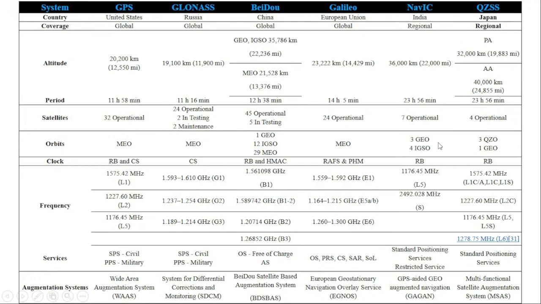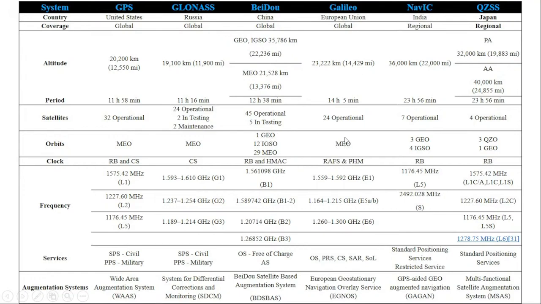As for orbits, GPS is in medium Earth orbit, Beidou has some in medium orbit, some in IGSO, inclined geosynchronous, and one geostationary, and Galileo is in medium orbit.